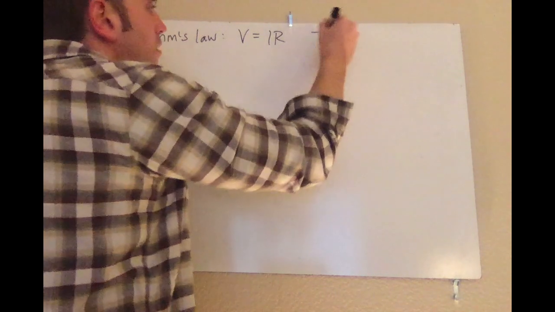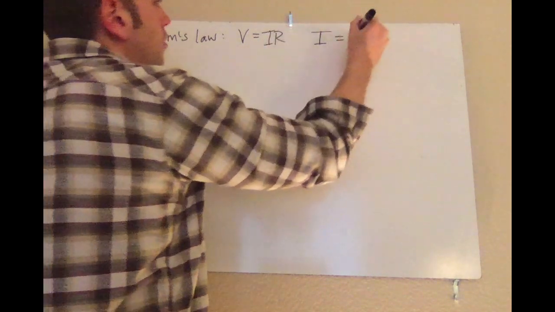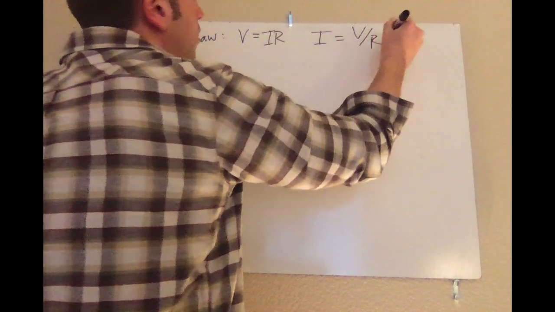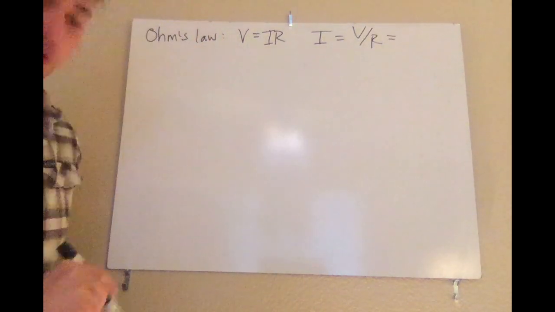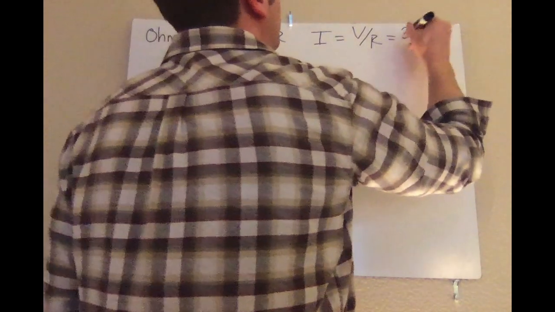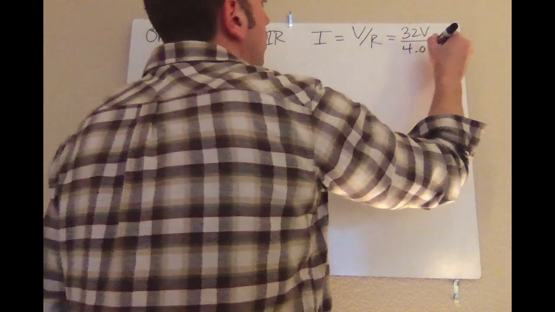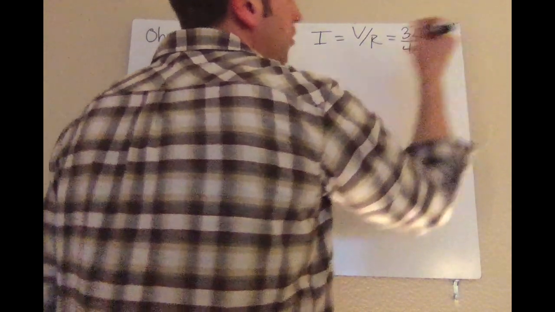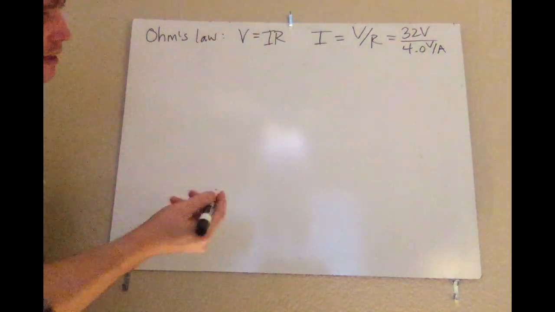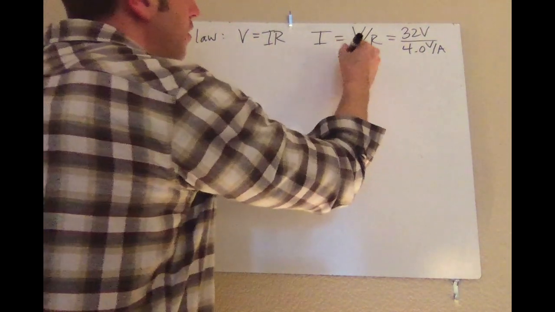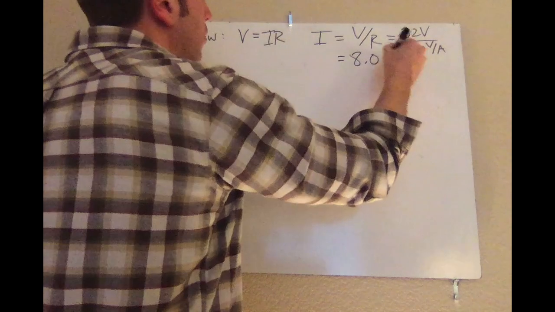And if we're interested in finding the current, well, that's just voltage divided by resistance. In this case, our voltage was 32 volts, and our resistance was 4 ohms. Remember that an ohm is just a volt per amp. Okay, so that's really easy. The current is 8 amps.